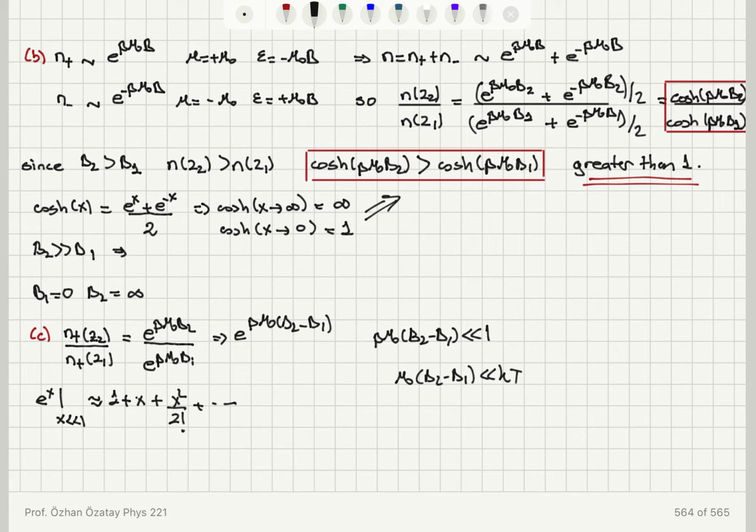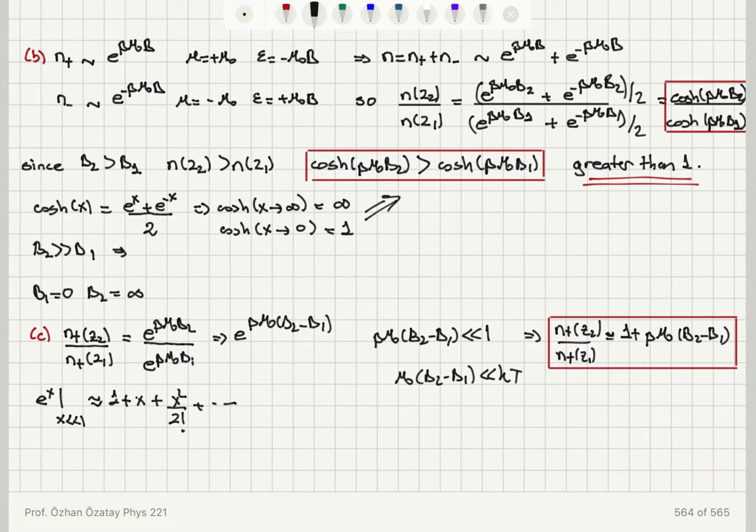This would give me, for the ratio n plus z2 to n plus z1, 1 plus beta mu 0 (b2 minus b1). So this could be an approximate answer in this regime, which is typically true.